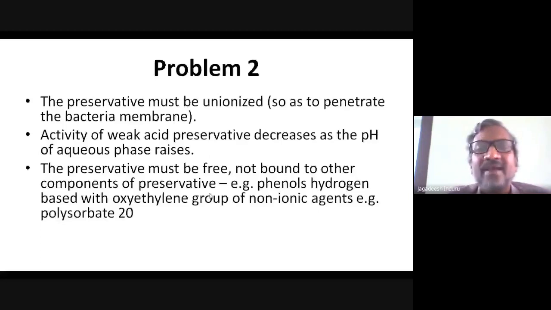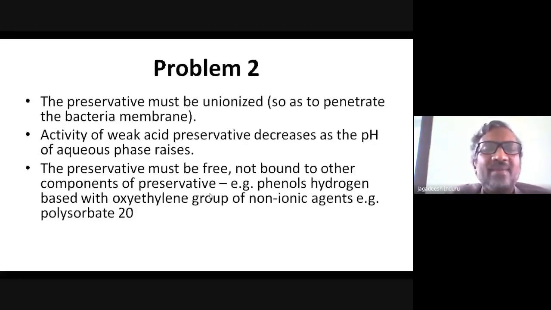If it is an ionized species of a preservative, it will not enter the bacteria because of the barrier effect of the bacterial cell wall. So to penetrate the bacterial membrane, we need to have an unionized species. But unionized species will not have solubility in water because water is polar in nature. So you cannot create a greater concentration. Even though it is present in the water, it is present in the ionized state, so it will not attack the bacteria. Again, the bacteria will grow.